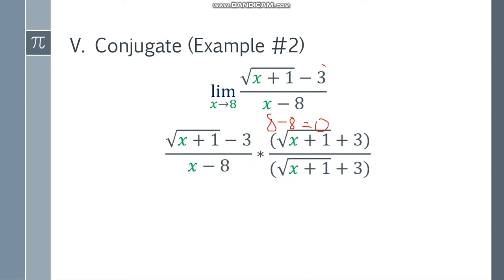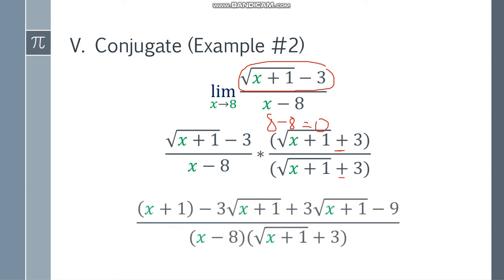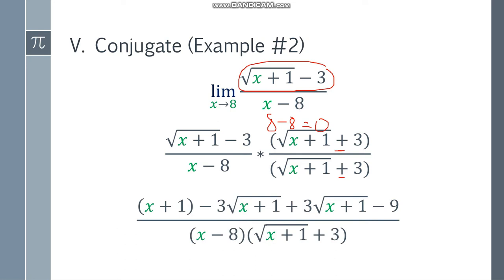Okay, remember, ito yung base natin ng conjugation. So, minus sign to, magiging plus to. Kokopyahin mo lang siya, kaso naka-plus siya. Multiply mo siya dyan. Simplify natin siya. So, the square root of x plus 1 times the square root of x plus 1, mawawala na yung square root lang. So, that will be this one.